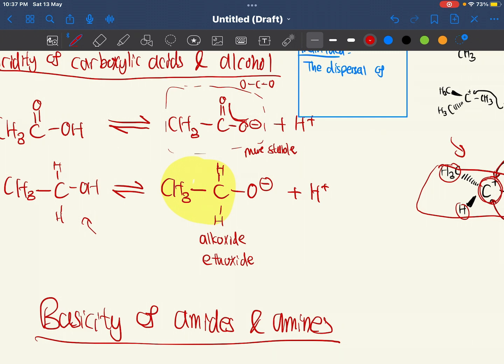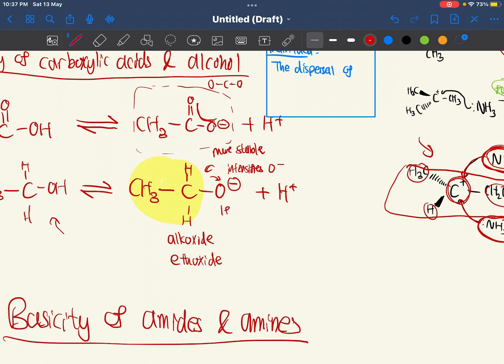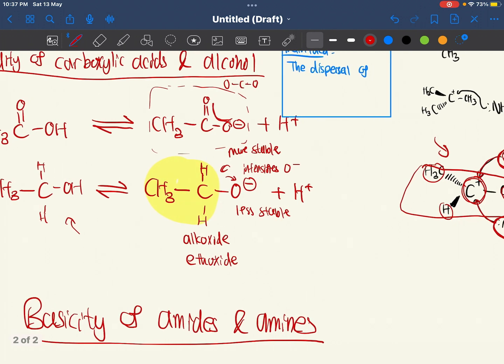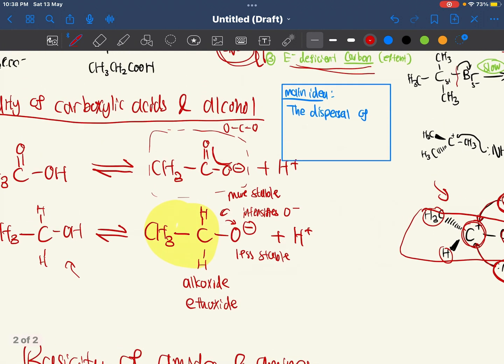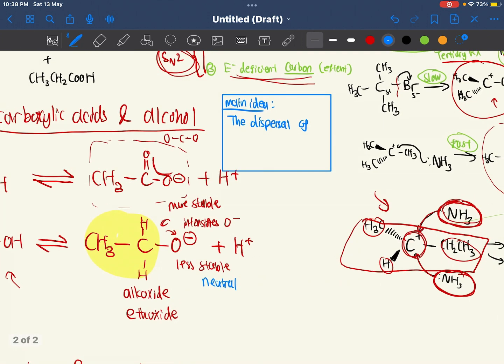So since it's electron donating, it doesn't help either, it further intensifies the negative charge on my O minus. Because it intensifies the negative charge, it's less stable. Therefore, the dissociation of H plus from an alcohol is not so much favored. So this one is least acidic, and we consider it as almost a neutral compound, because the extent of dissociation of H plus is very, very small.